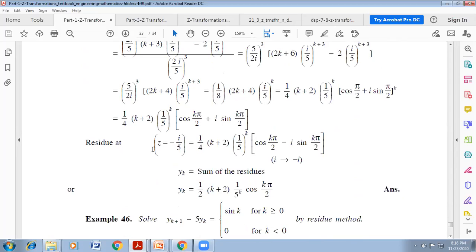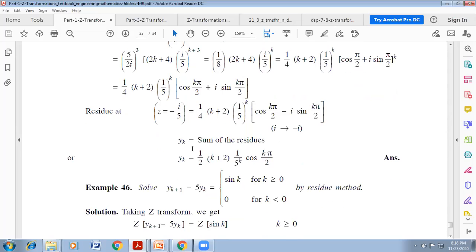And for the residue at z equals minus i/5, we get a similar process, transforming i to minus i. This is for z equals i/5, but if you want to find it at z equals minus i/5, just transform i to minus i here to get this.